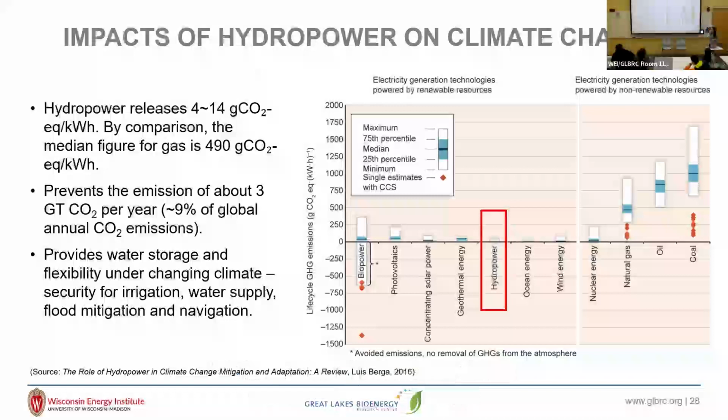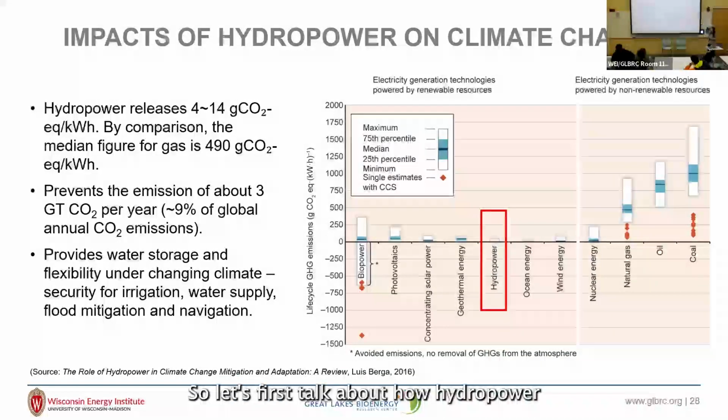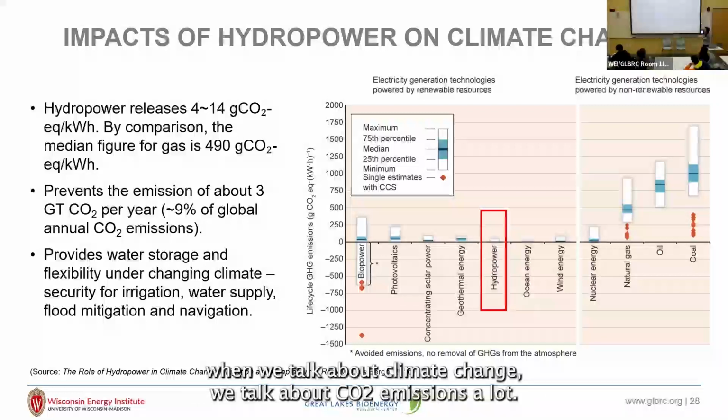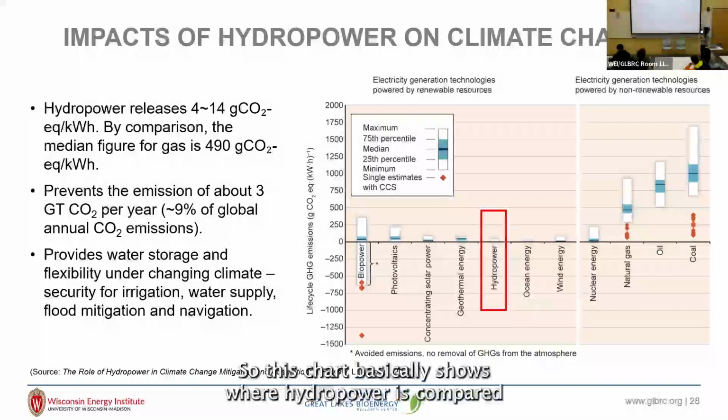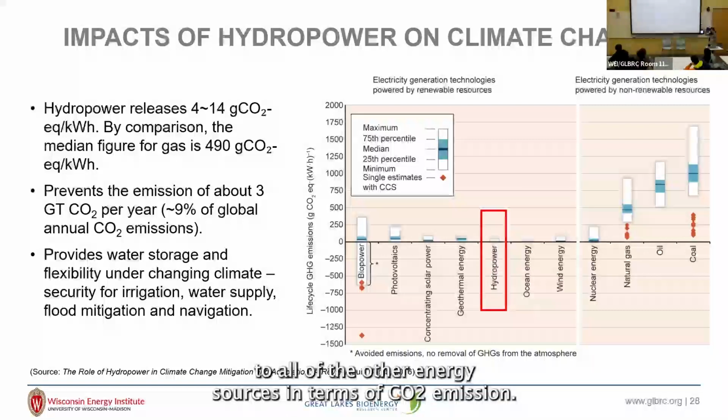Climate change. So let's first talk about how hydropower has an effect on climate change. When we talk about hydropower and climate change, we talk about CO2 emission a lot. This chart shows where hydropower is compared to all of the other energy sources in terms of CO2 emission.